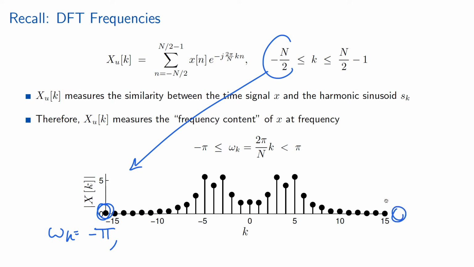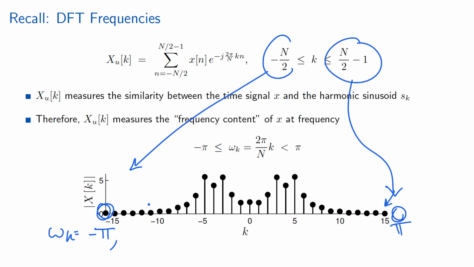And the very last point on this side corresponds to a frequency just below plus pi. And that doesn't matter whether N is 4 or whether N is 4 million. When you have this representation, you're always bound between these frequencies minus pi and plus pi.